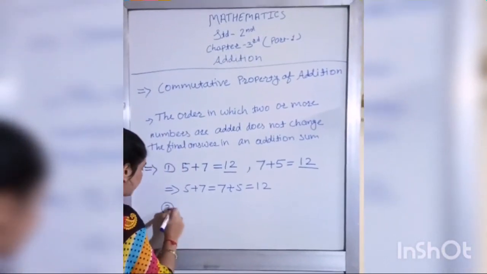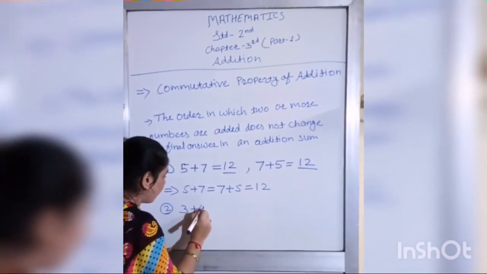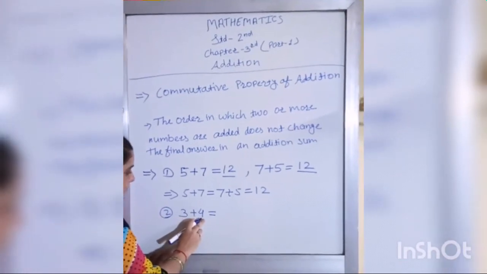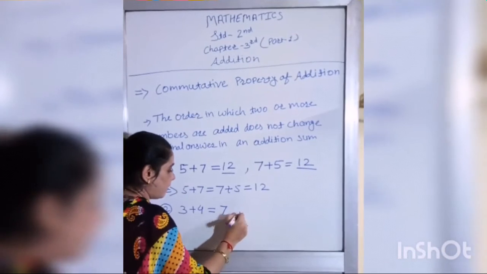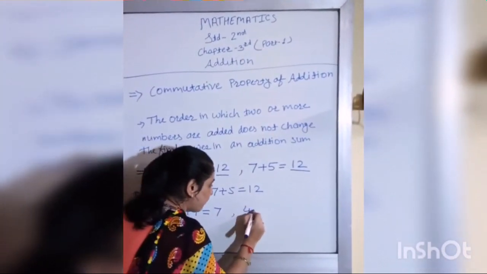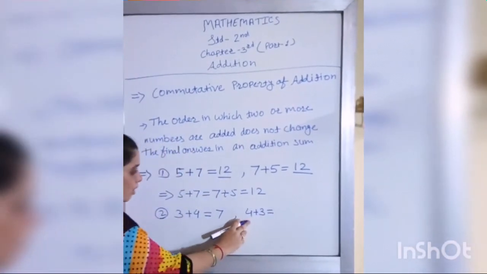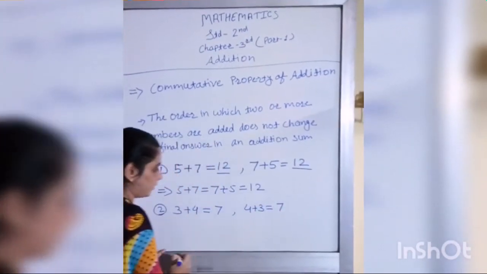See one more example. 3 plus 4. What is the sum of 3 plus 4? 7. And if I change the order of these numbers, 4 plus 3. The sum of 4 plus 3 is also 7.